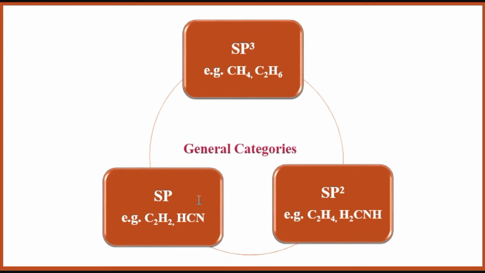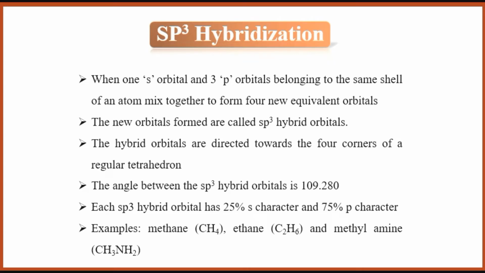And our third main category is sp hybridization, that is followed by alkynes and nitriles. So let's discuss their details. First of all, there is the sp3 hybridization.